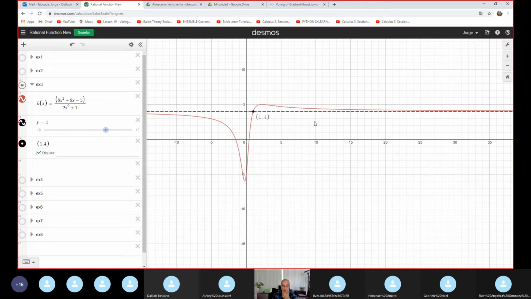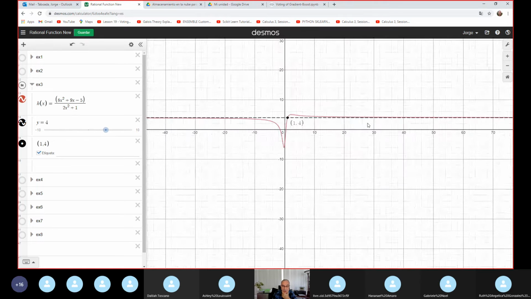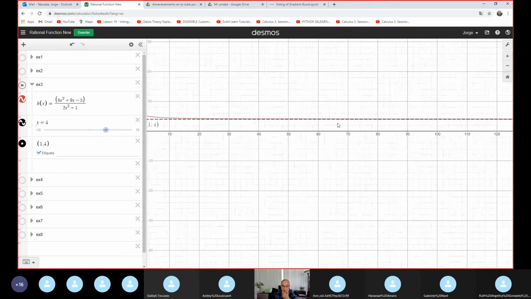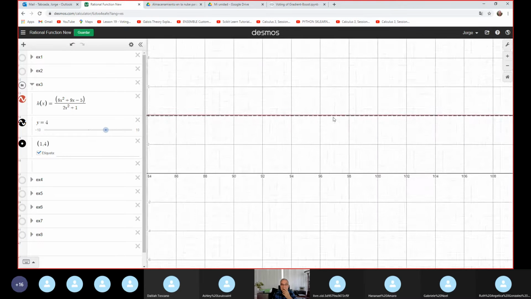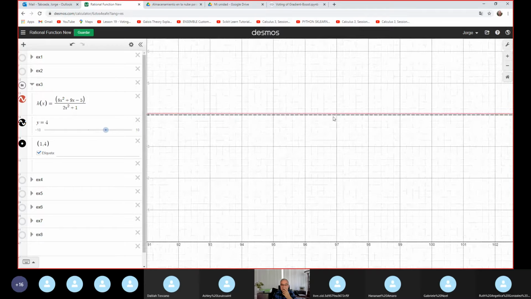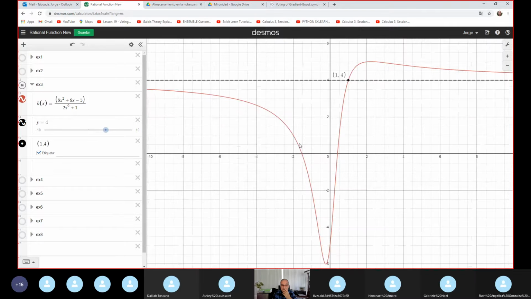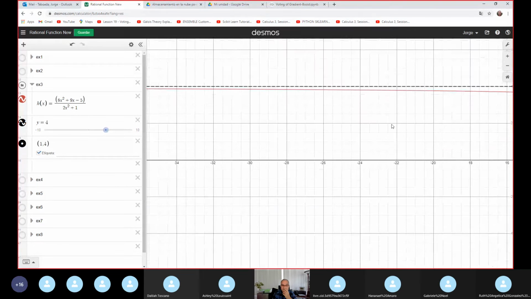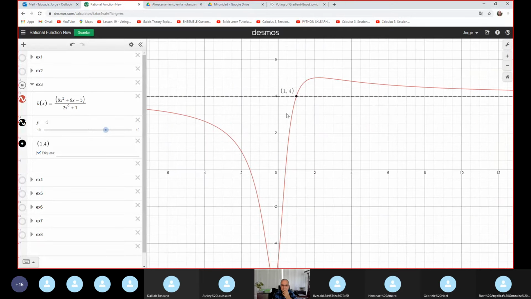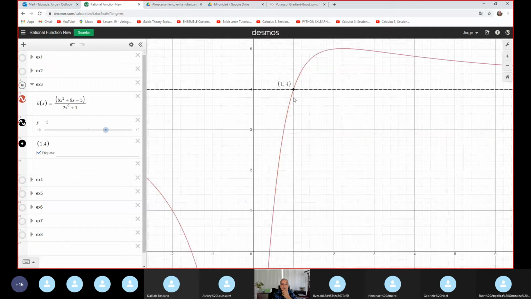I make a zoom. I can see, for example, when x approaches positive infinity, so increasing, the curve approaches but never touches. In the negative direction a similar situation happens. However, the specific and famous point (1, 4) is crossed.